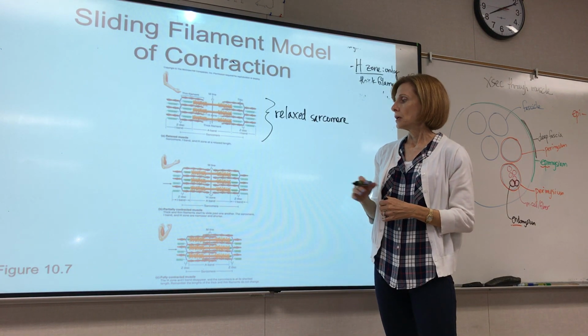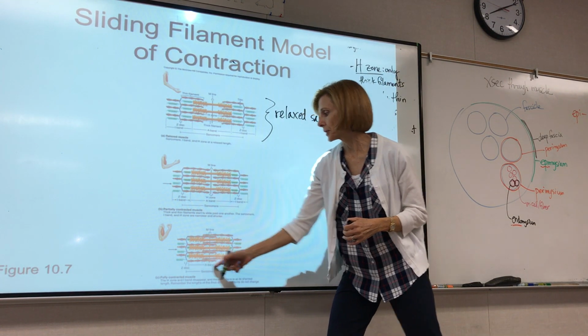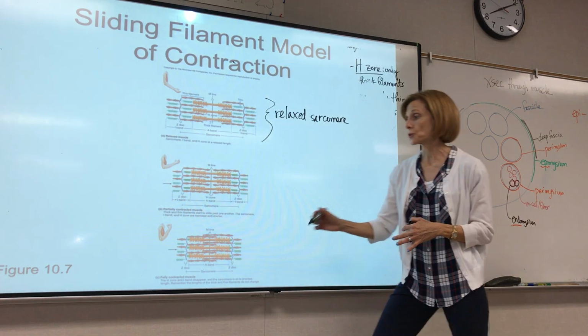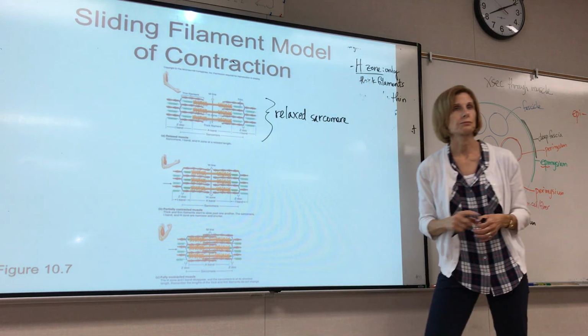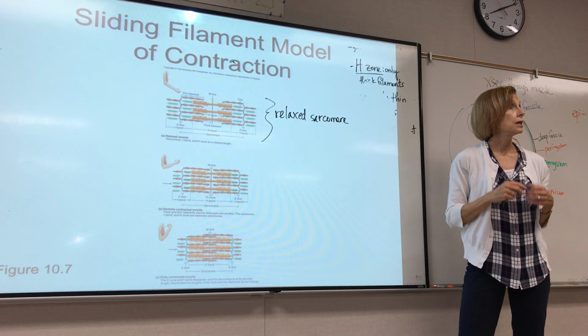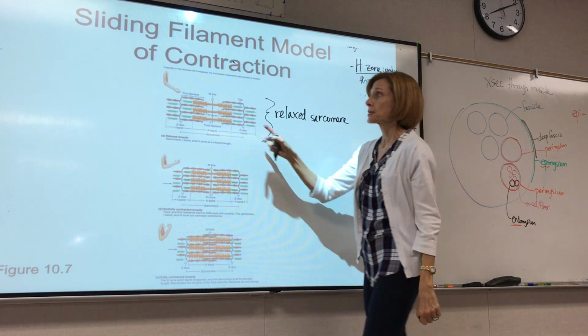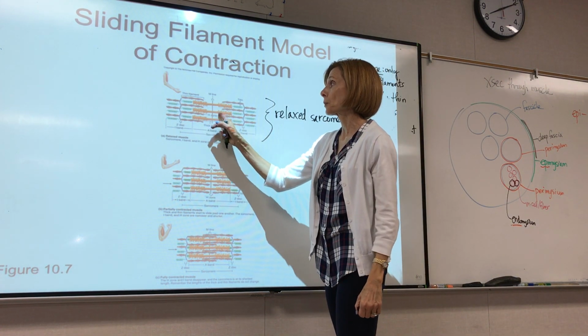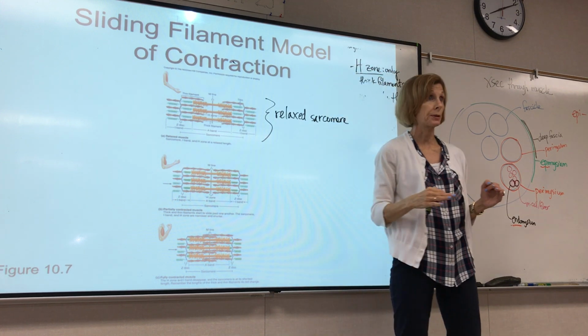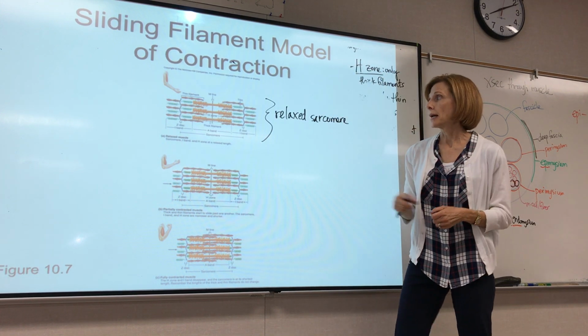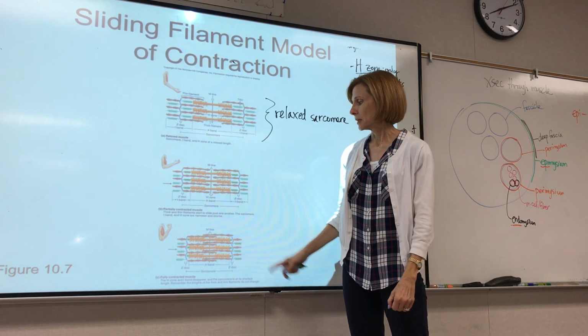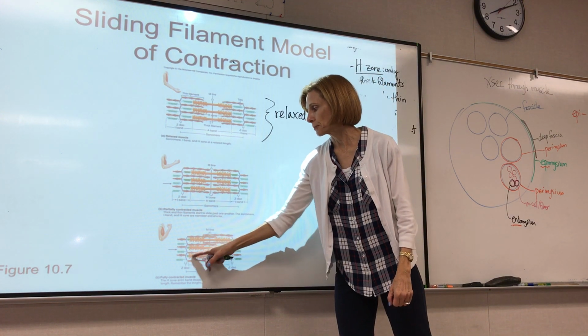In a fully contracted sarcomere, do you see an H zone in the center here? No. So again, there's going to be complete overlap. So this area in the center where we have only thick filaments will disappear. How about the I band? Notice the I band also disappears.